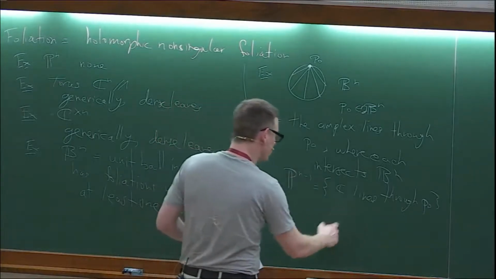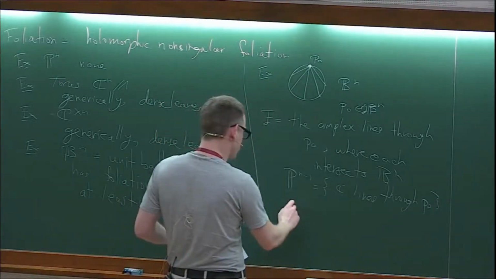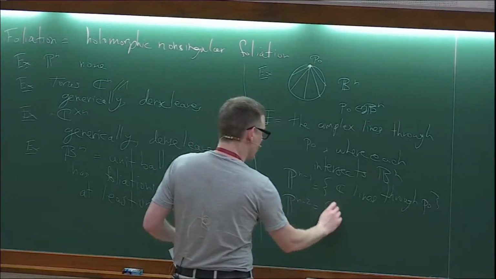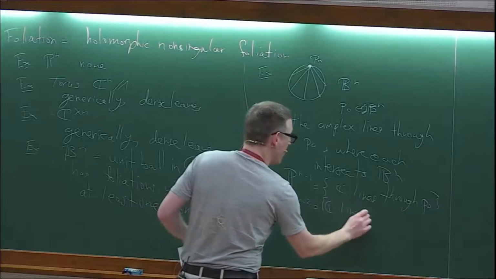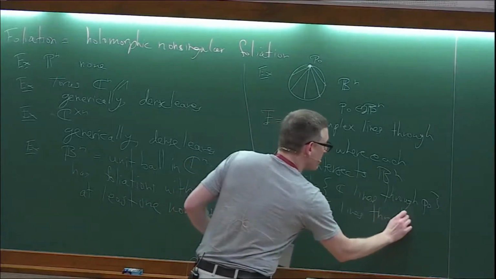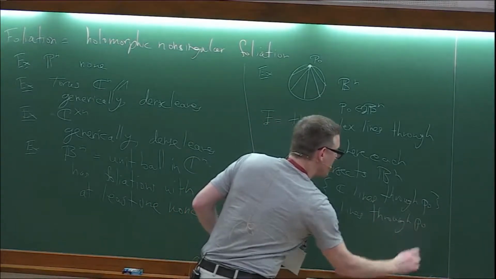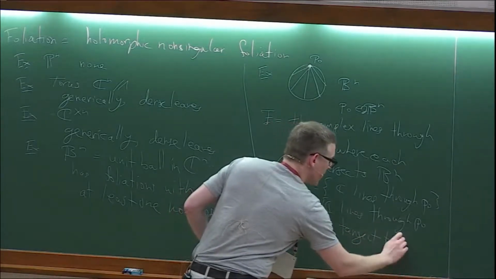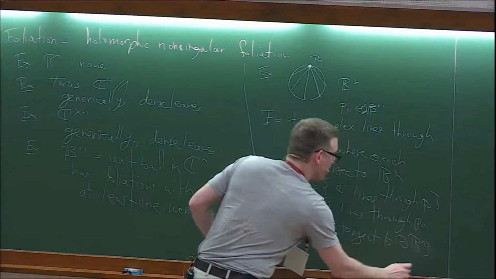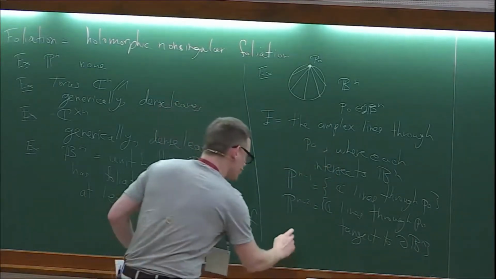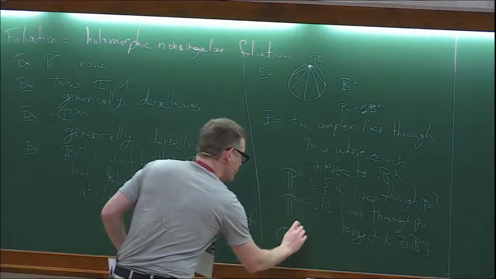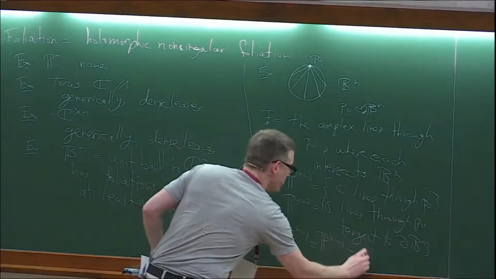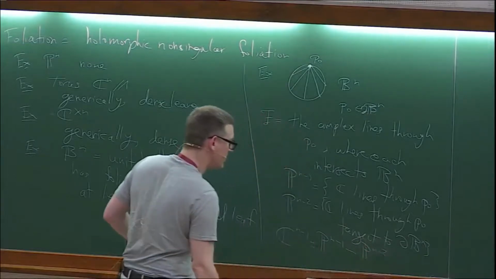So you take all complex lines through the point, you get projective space. And then Pn minus 2 is the set of complex lines through P naught tangent to the boundary of the ball. And so if you take those away from each other, you get that Cn minus 1, which is Pn minus 1 minus Pn minus 2, is the leaf space.